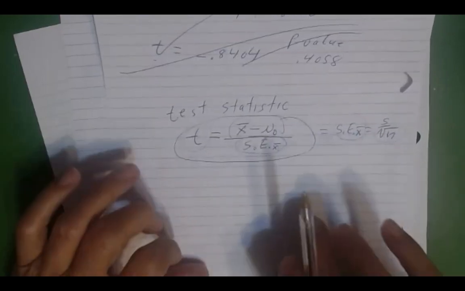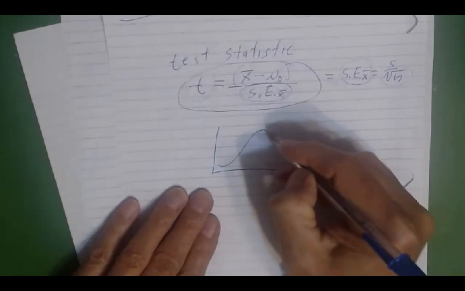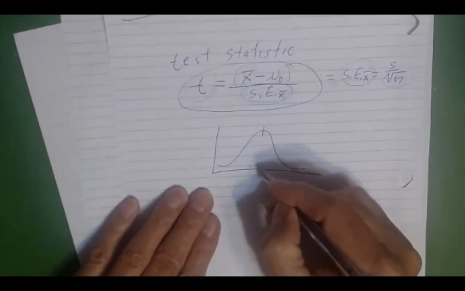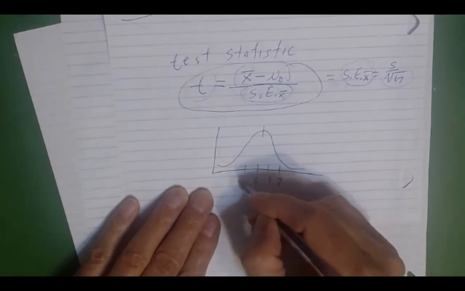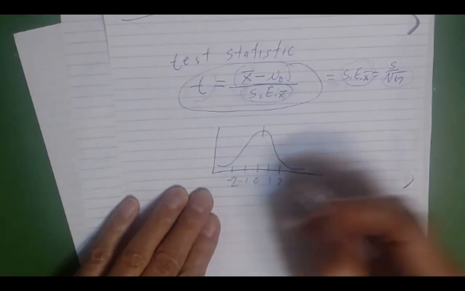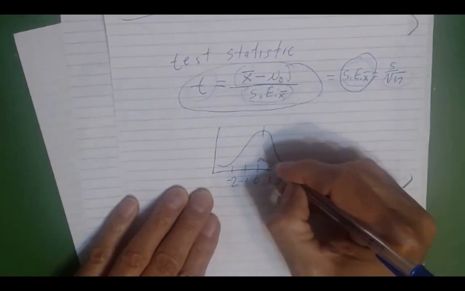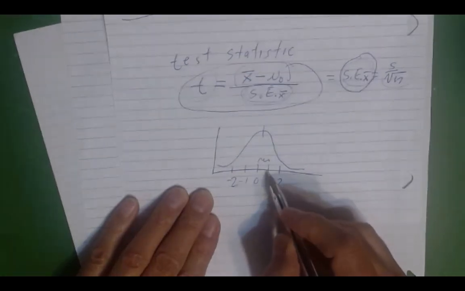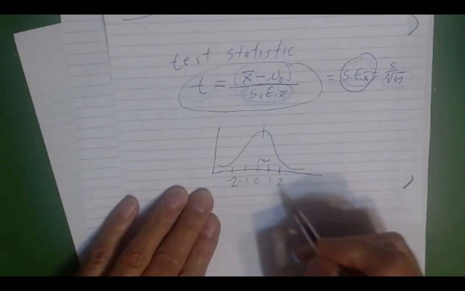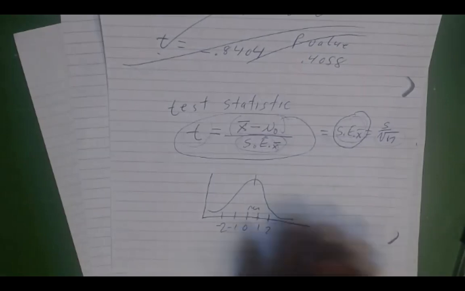So when you have this is 0, this is 1, 2, -1, -2. So the standard error is how wide that is, because this 1 means 1 standard error away, which is like 1 standard deviation away from the mean, 2 standard deviations away. So that's all that stuff, okay?